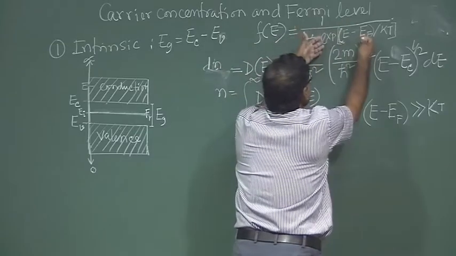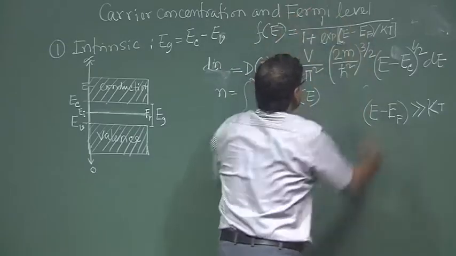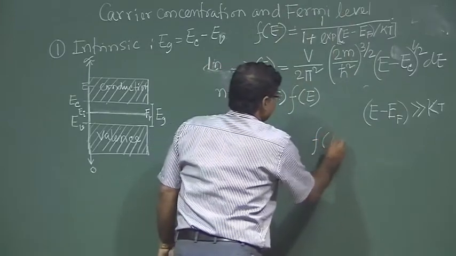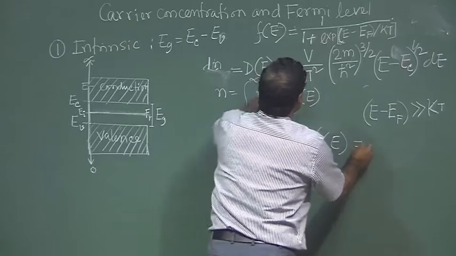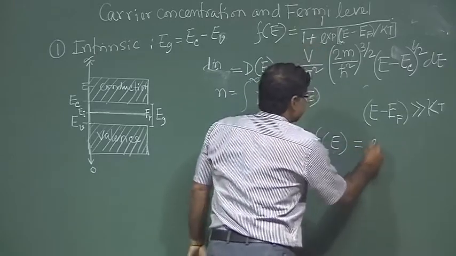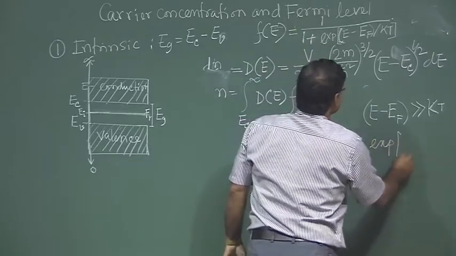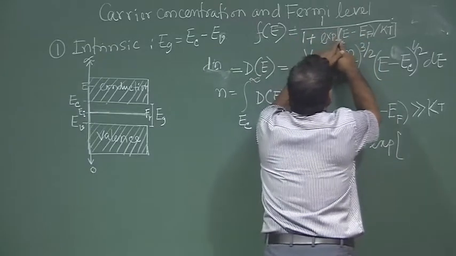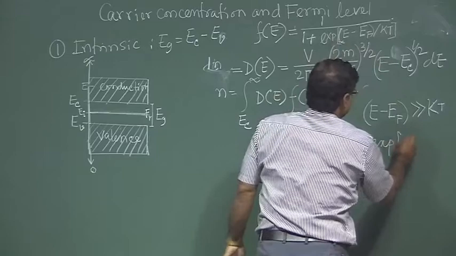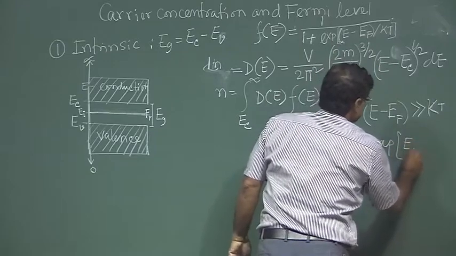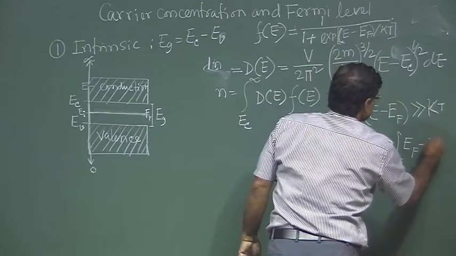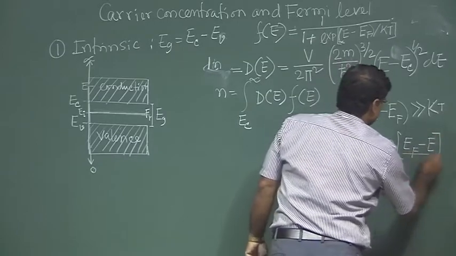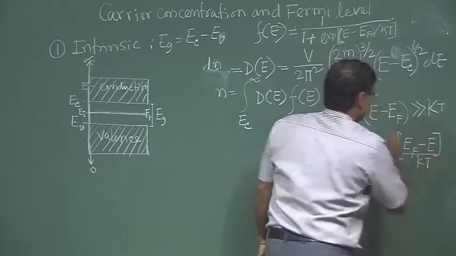So, F(E) will be 1 by this exponential, so it will go as exponential of minus, which I include here, (EF minus E) by kT, right.